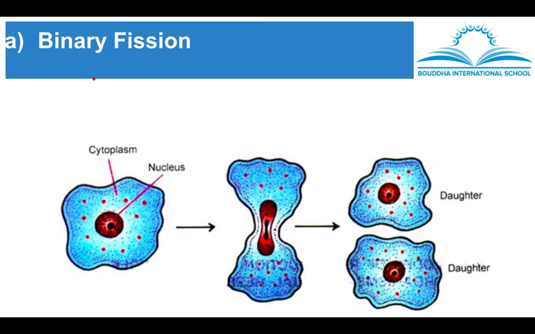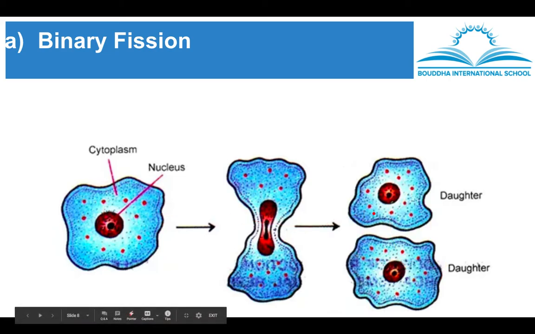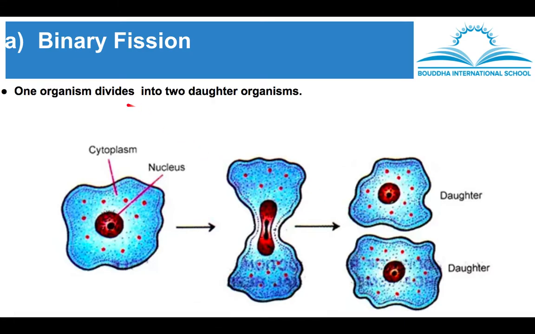Binary fission: you can see the word binary. Bi means two. So here the breaking down takes place and forms two daughter offspring. Here you can see in the figure the one parental body is divided and finally you get two daughter offsprings. So what is binary fission? The fission where one organism divides into two daughter organisms.